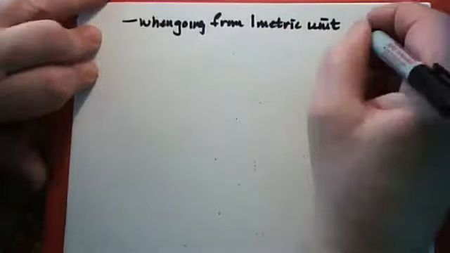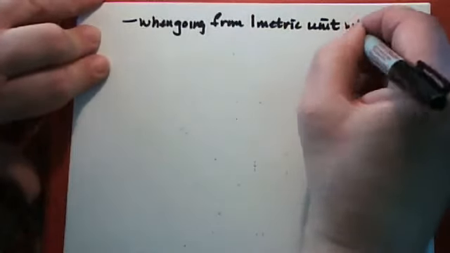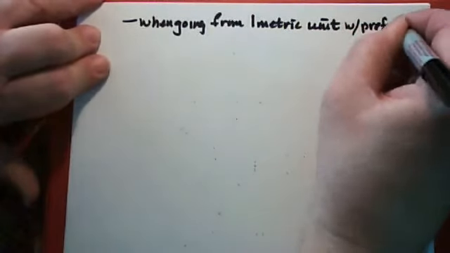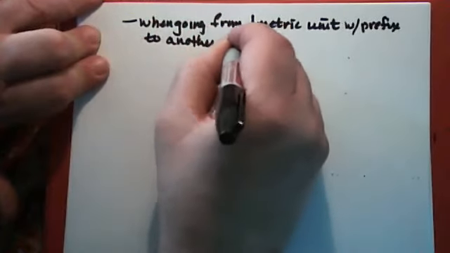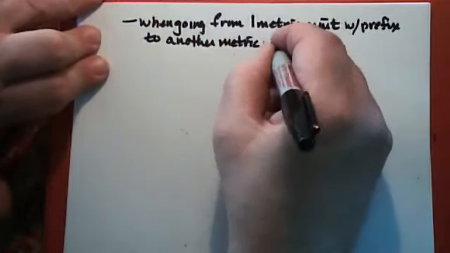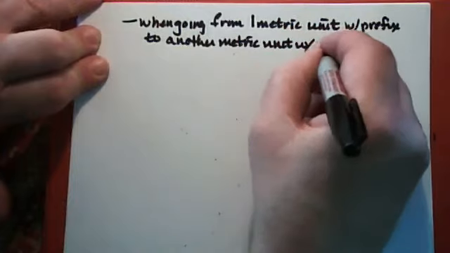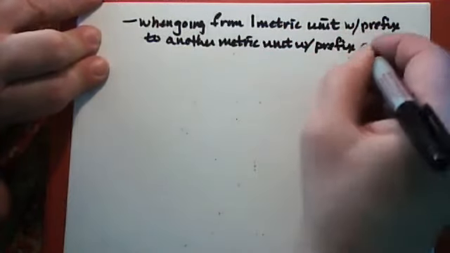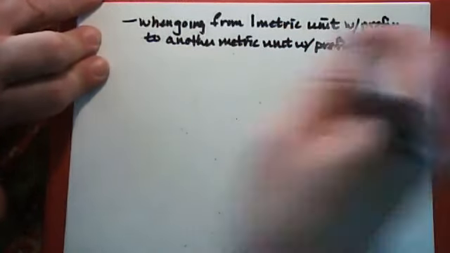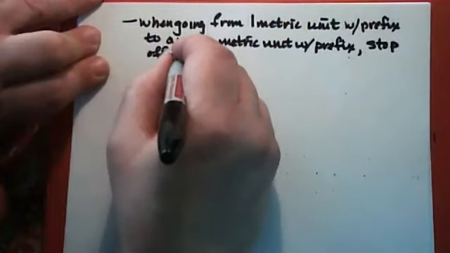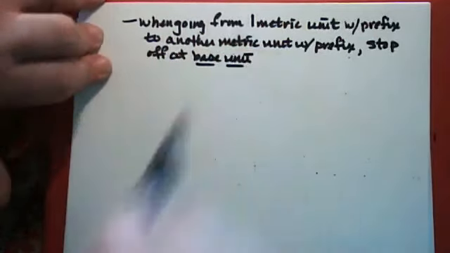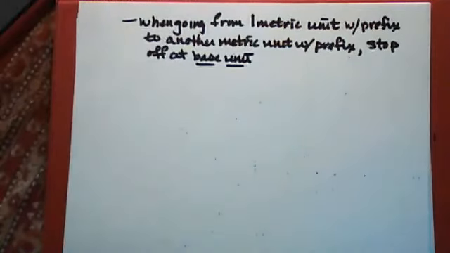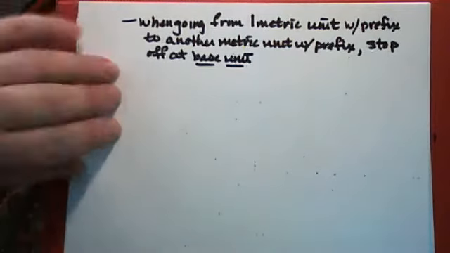And this is what I was saying about metric units with prefixes. When you're going from one metric unit with a prefix to another metric unit with a prefix, it's always safest to stop off first at the base unit.